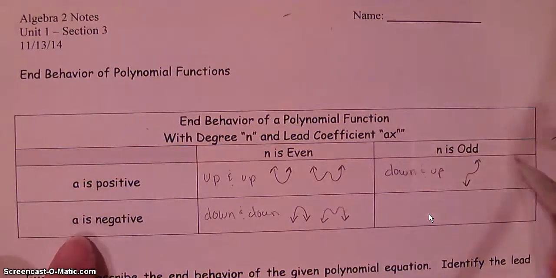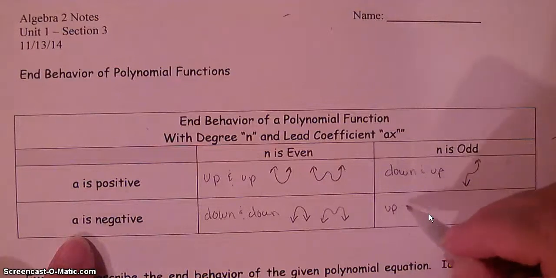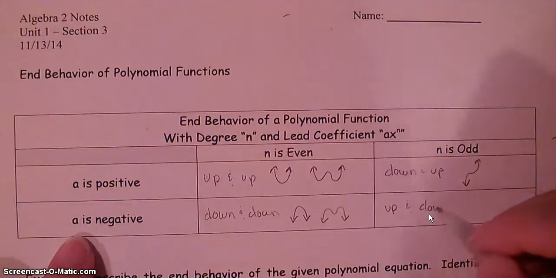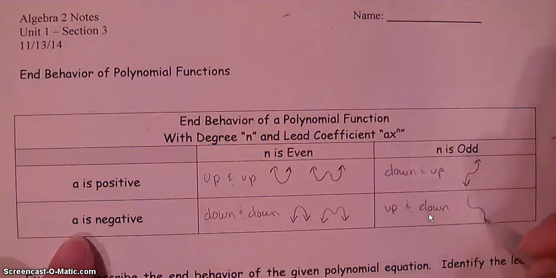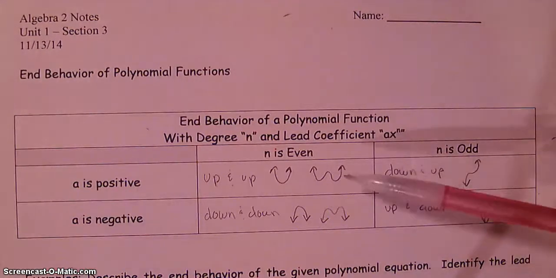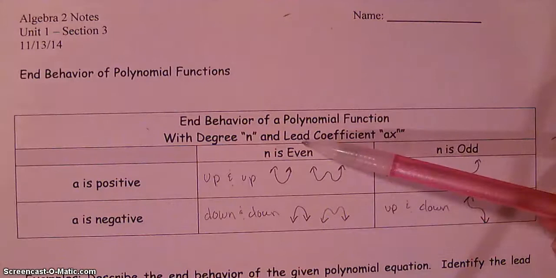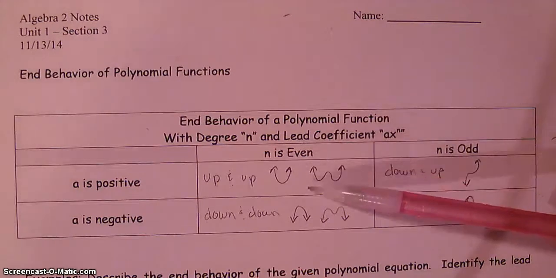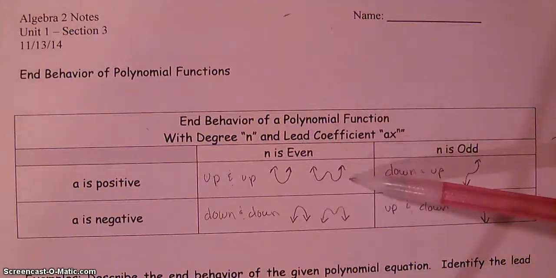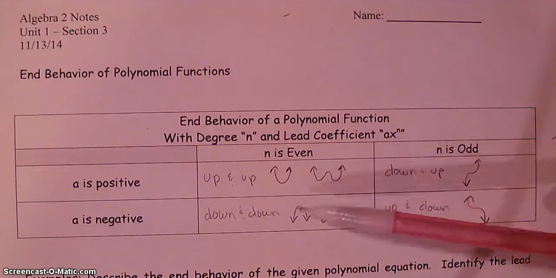If my a is negative but my degree is odd, I'm going to be up on the left and down on the right. So we'd be going in opposite directions, like that. The thing you want to remember here is that even degrees always face up or down.